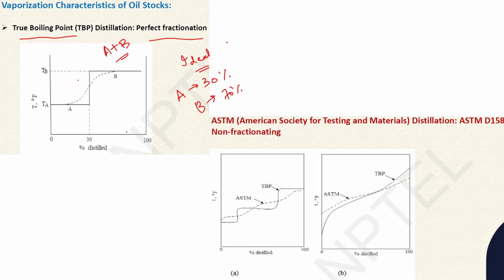So what happens here is, if we increase the temperature, there comes a temperature, suppose TA is the boiling point of A cut and TB is the boiling point of B cut.